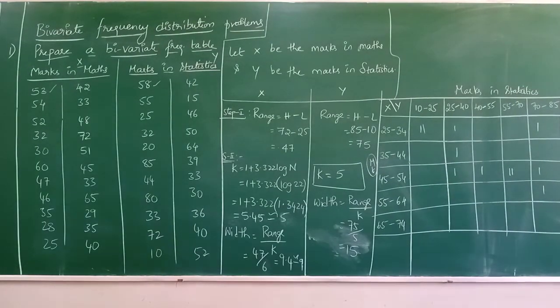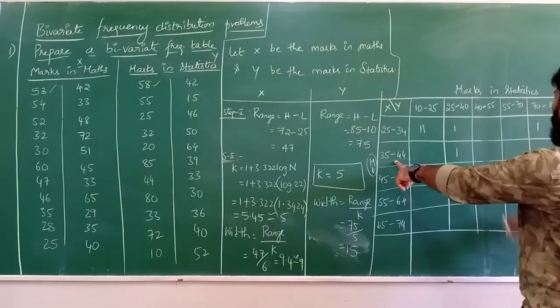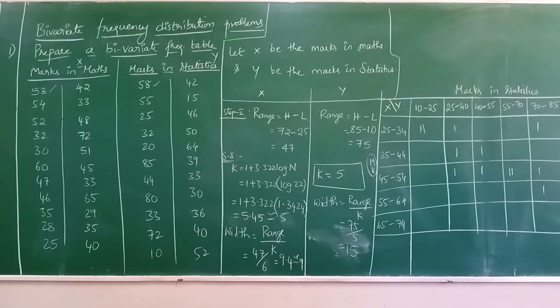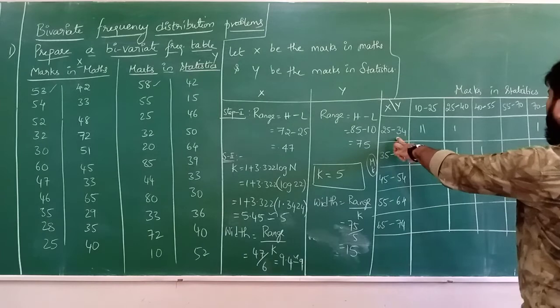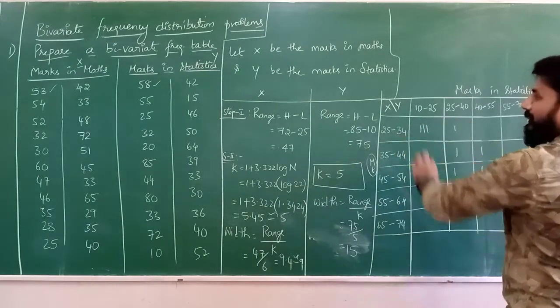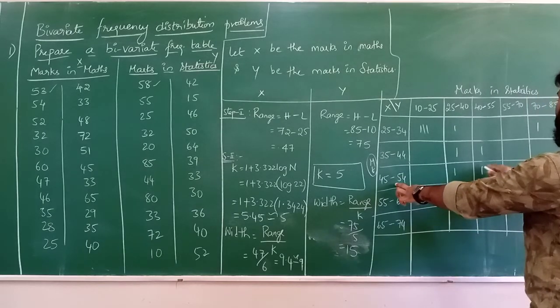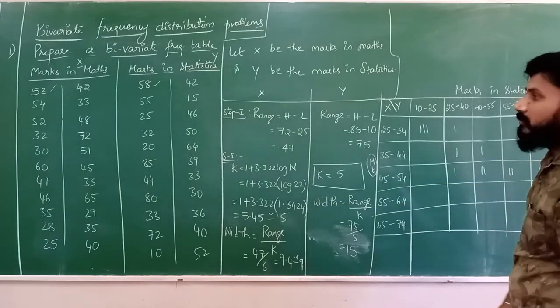Then 42, 42, here one tally. Next 33, 15, here one tally. Next 48, 46, here one tally.